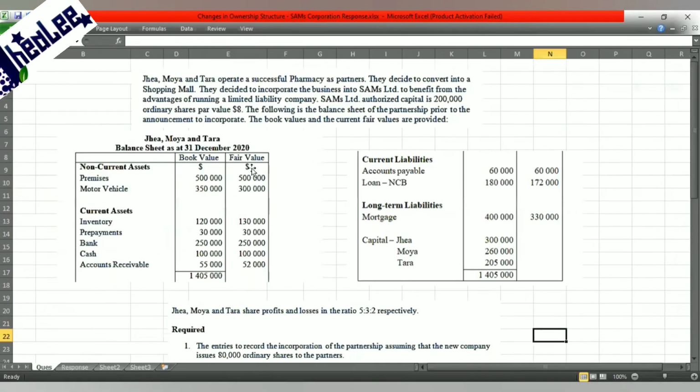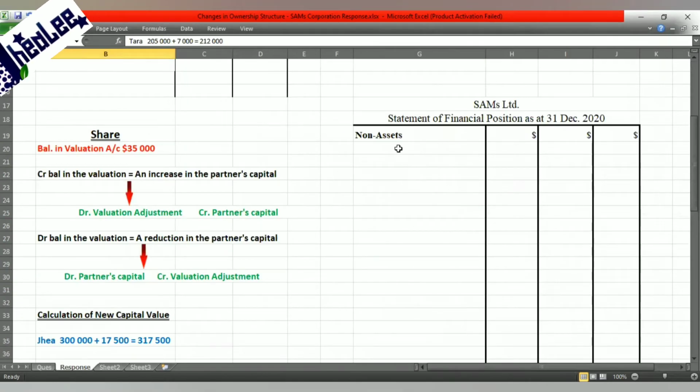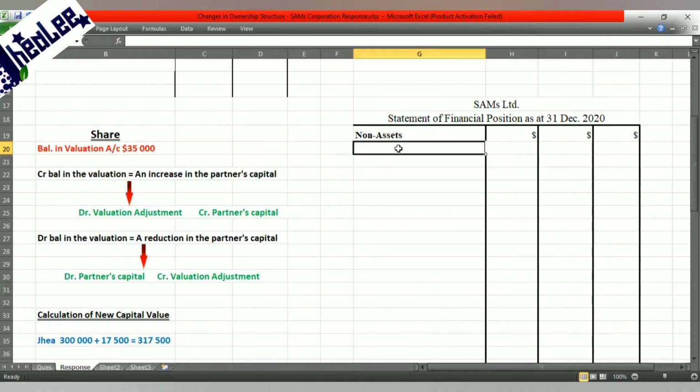So going to the question, remember we're using the fair values and we begin with our assets. And we have premises and we have motor vehicle. Premises is 500,000, motor vehicle is 300,000. Let's put in those values. For non-current assets, remember you're using either order of permanence or order of liquidity.